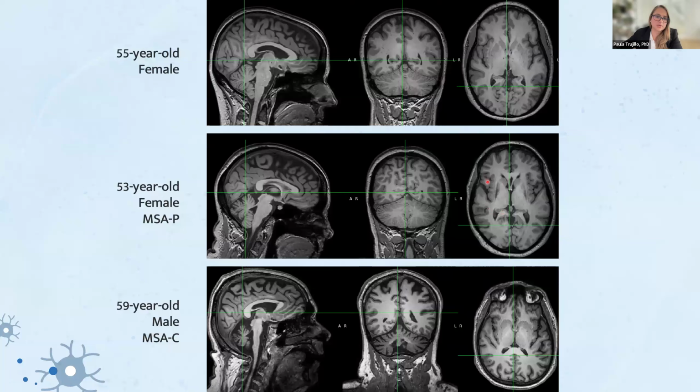So you see that the putamen is smaller compared to the healthy person. And lastly, on the bottom, you see the MRI scan of a 59-year-old man, also diagnosed with MSA, but he had the MSA-C subtype. And in this image, atrophy is observed in the cerebellum, while the putamen is mostly preserved.